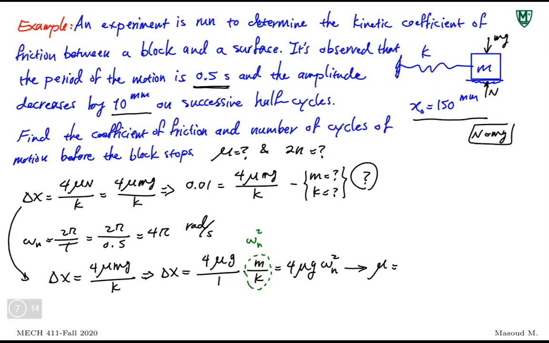Now I have pretty much everything I need. Mu would be delta x over, hopefully I do it correctly, if I did it, oh, I see what mistake I made. This is not omega n squared.